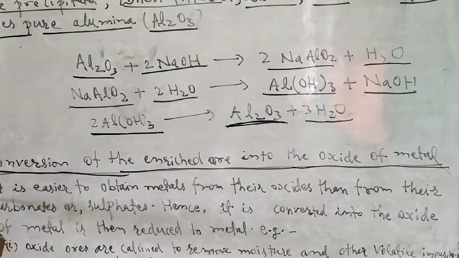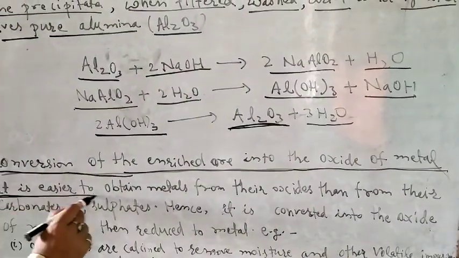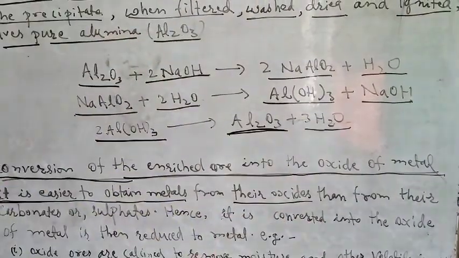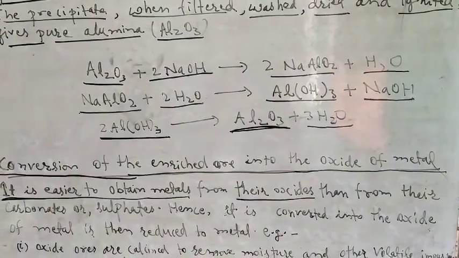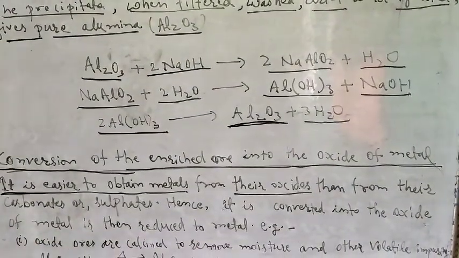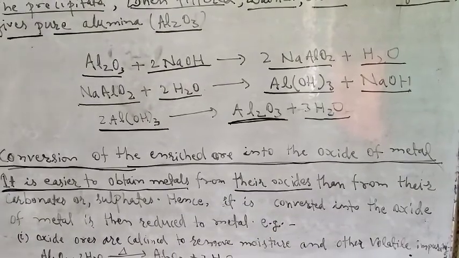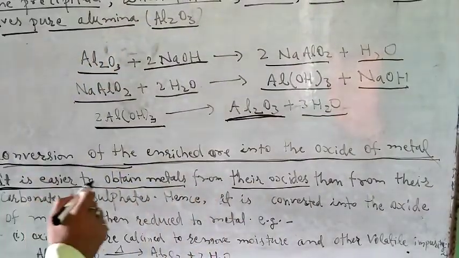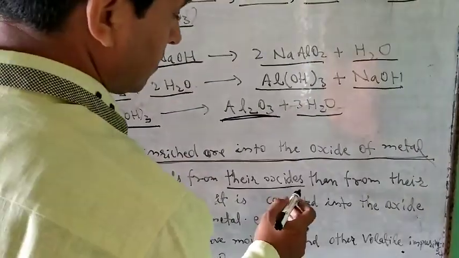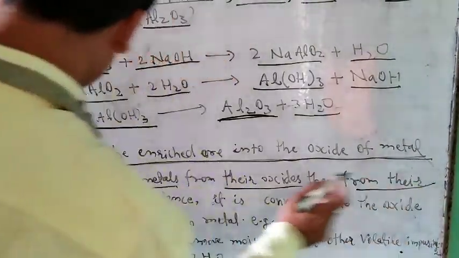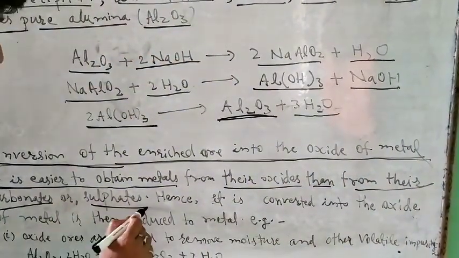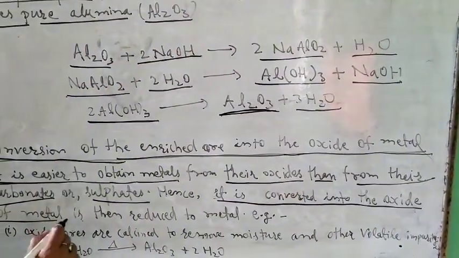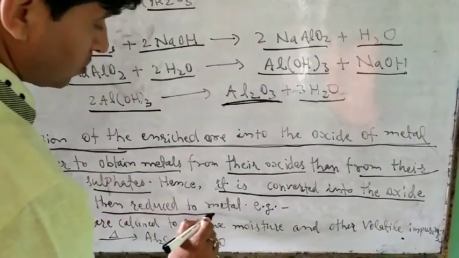We know that it is easier to obtain metals from their oxides, because they are easily reduced by heat, by chemicals, or by using other metals. So it is easier to obtain metals from their oxides than from their carbonates or sulfates. Hence the ore is converted into the oxide of the metal, which is then reduced to metal.